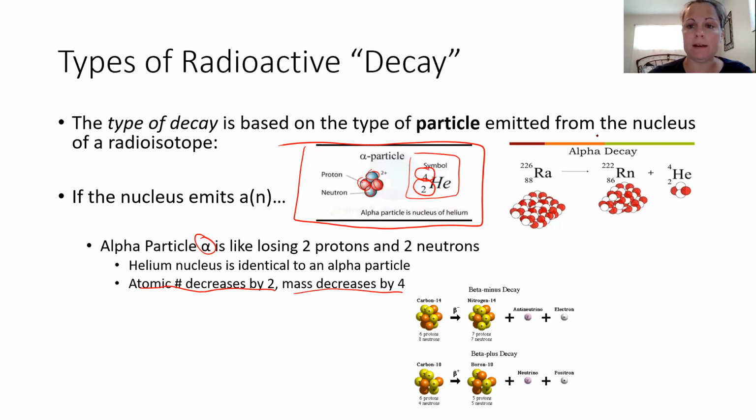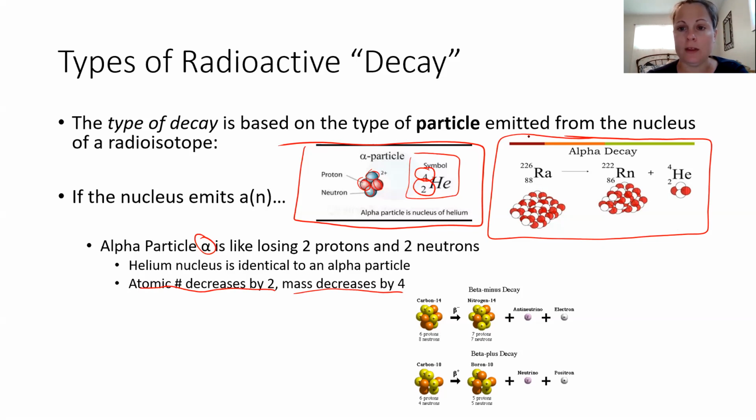So what does that mean? Let's take a look at an example. Radium-226 is a radioactive isotope. So this element is unstable because it has an uneven number of protons and neutrons. So what happens is, if it spits this particle out, it creates something new.